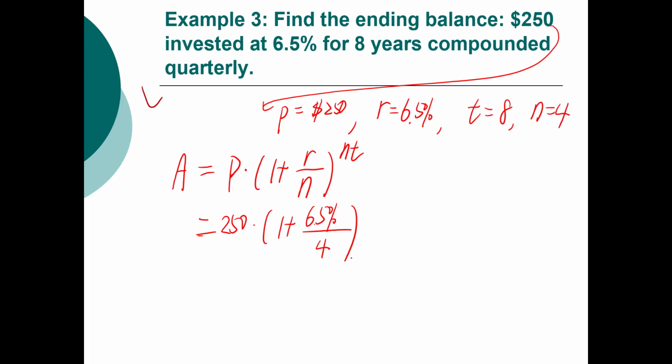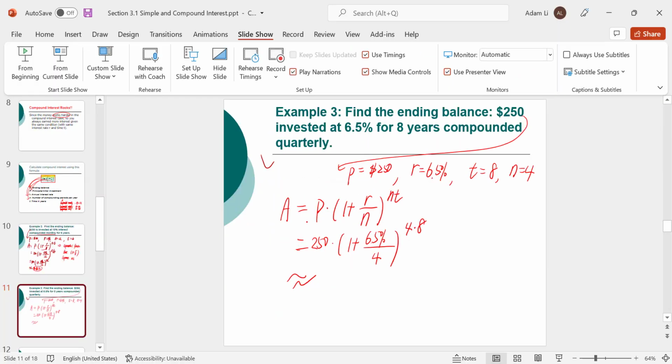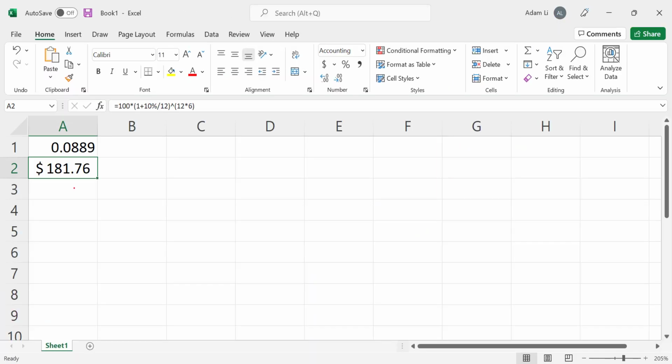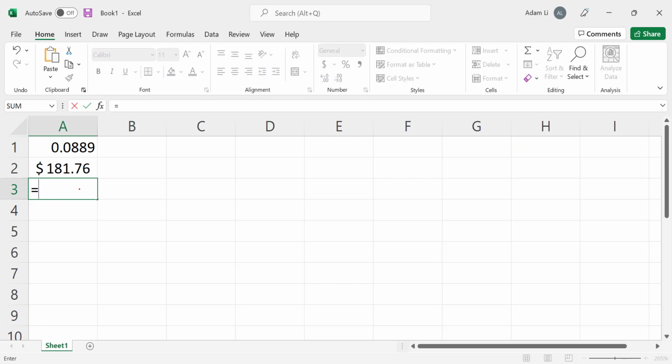The exponent is 4 times 8 years, 32 power. And again, you need to either use Excel or a calculator to do this. So we get 250 multiplied by (1 plus 6.5% over 4), raised to 4 times 8.